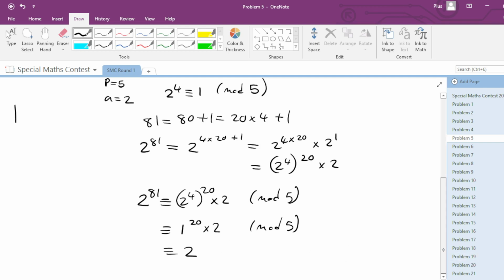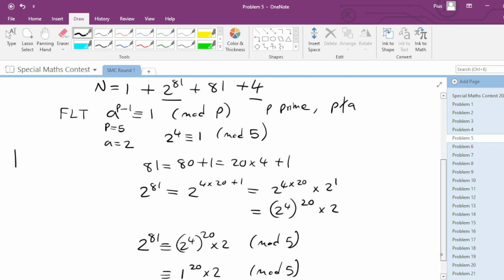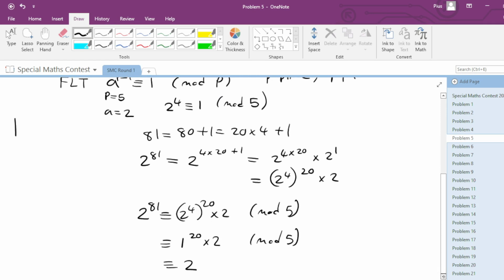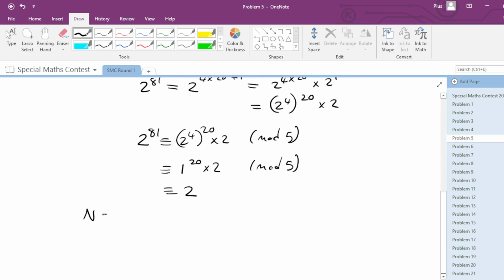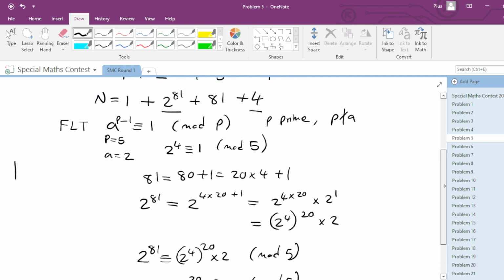Alright, so with this now we have everything we need. We just look for the value of n in mod 5. So we have n is congruent to 1 plus 2 plus, now 81, which is the third term. If you divide by 5, you get remainder 1.